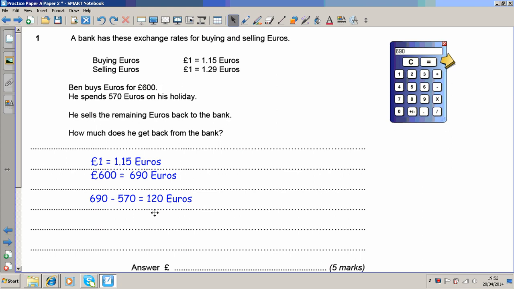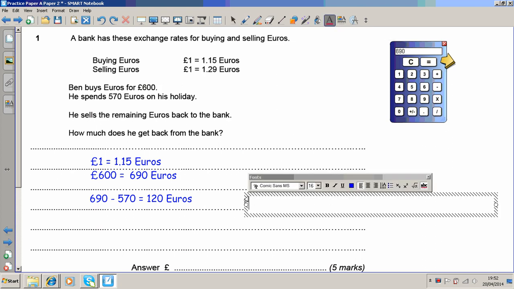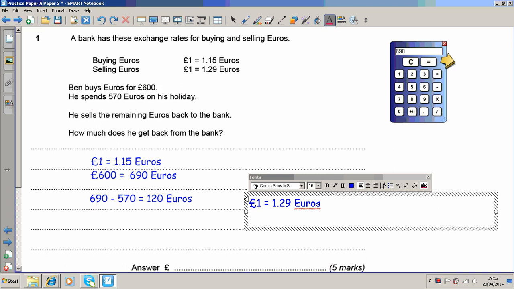And then finally he needs to change that back using the selling euros ratio. So £1 is equal to 1.29 euros. So if I want to turn it back into pounds, instead of timesing by 1.29, I need to divide by 1.29.